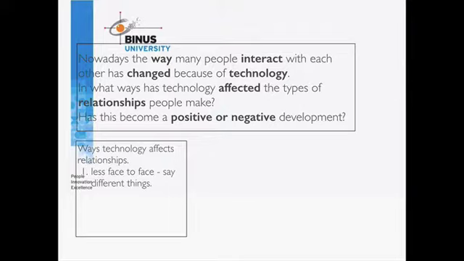And this allows you to say different things if you're not face-to-face with someone. Number 2, attention deficit. For example, mobile phones sending frequent messages that interrupt conversations. Number 3 is it's made relationships a lot easier through SMS, email, and whatever. So they are some ideas.